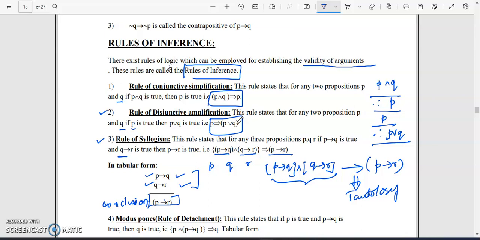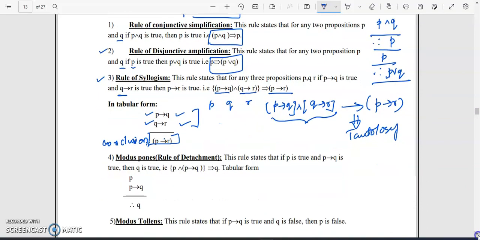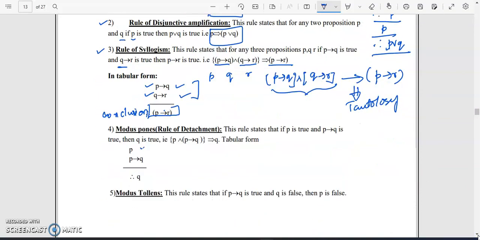Then the next rule of inference is modus ponens, or the rule of detachment. So what is that rule? It says that whenever P and P implies Q are true, therefore Q is also true. This also we can verify using a truth table. In the same way we will take P and P implies Q. For P we have 0 0 1 1, and Q is 0 1 0 1.